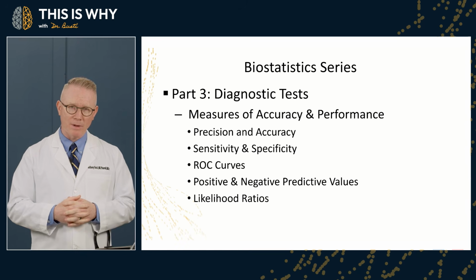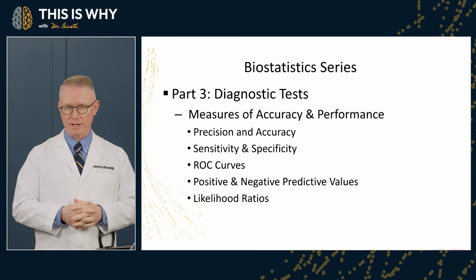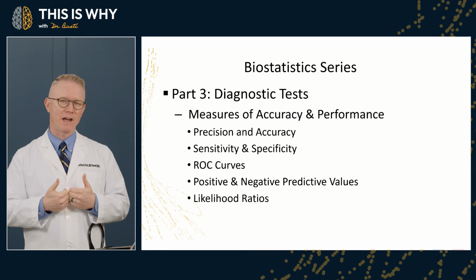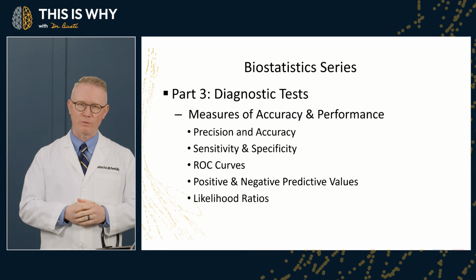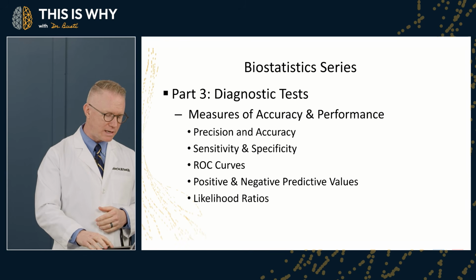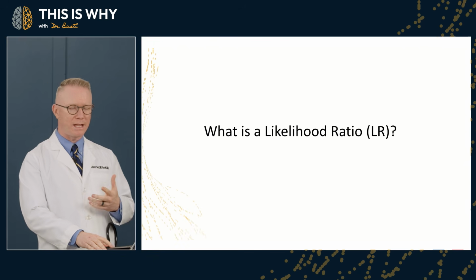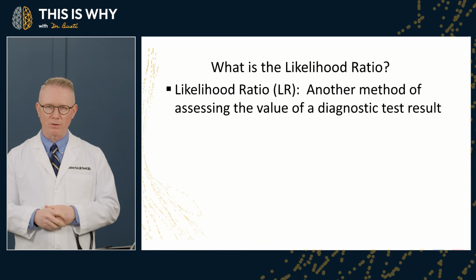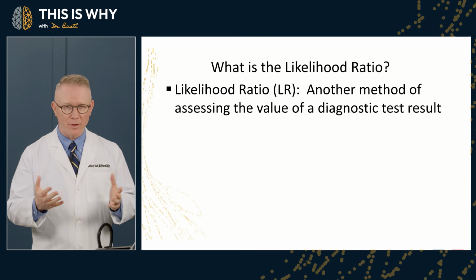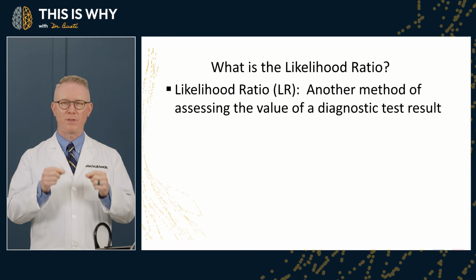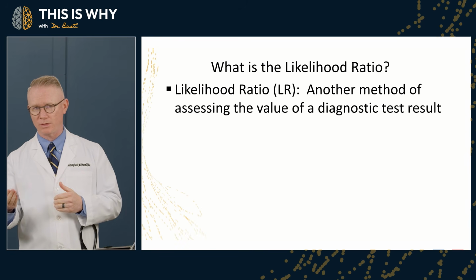Some of these topics are related to the test performance, and some are related to how we apply them and guide our decision making, and likelihood ratios is a great example of that last aspect. How do we apply it? So what is a likelihood ratio? Well, it is another method that we use to assess the value of the diagnostic test results.